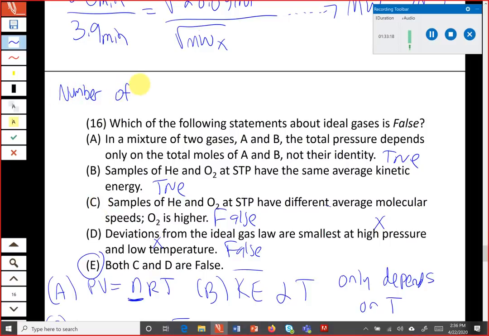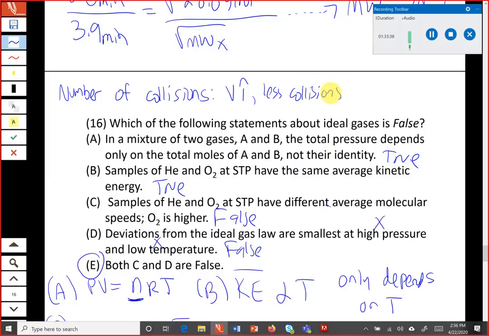The number of collisions is going to be affected by both volume and temperature. If the volume increases at constant temperature, basically if you make the gas molecules spread apart more, you're going to have fewer collisions per unit time.